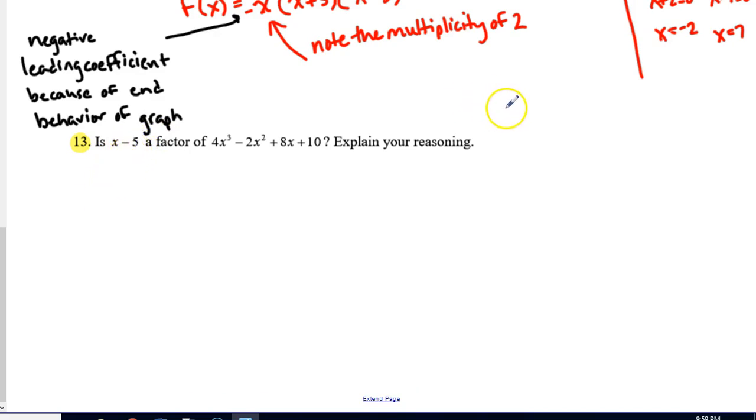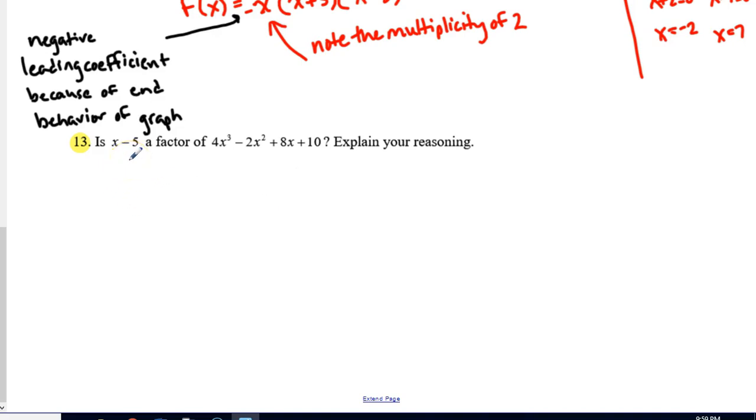Just like if 3 is a factor of 24, it divides evenly into 24. Okay? So we could do some long division, all right? Little x minus 5, and then the 4x cubed, and so on. I'm not going to do it that way. I'm going to take a shortcut here, what's called synthetic division.